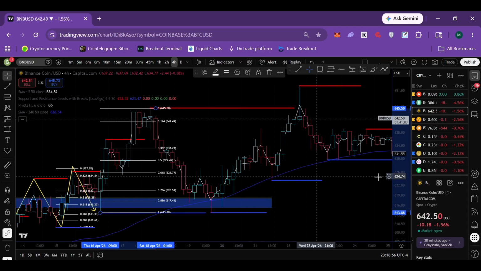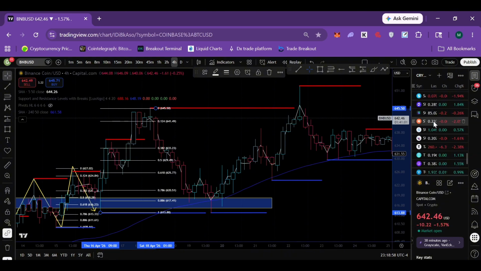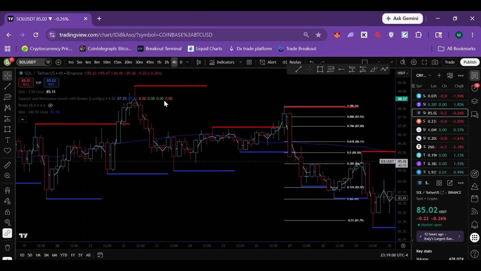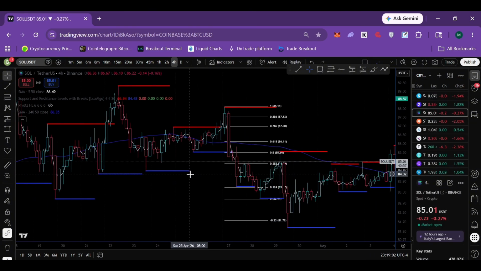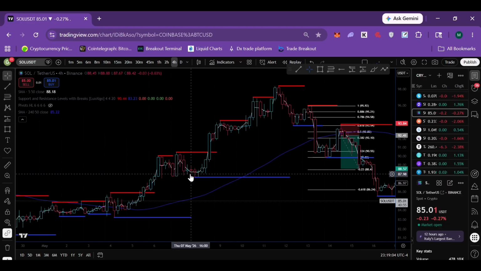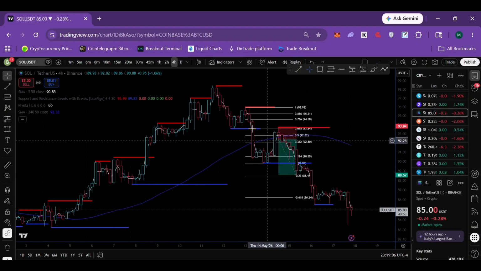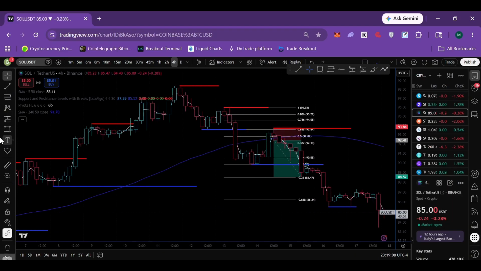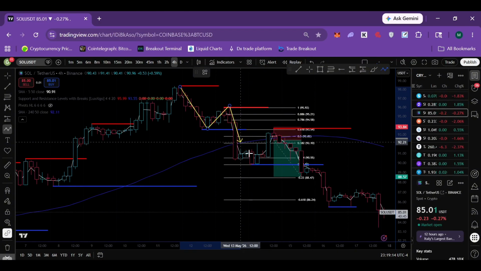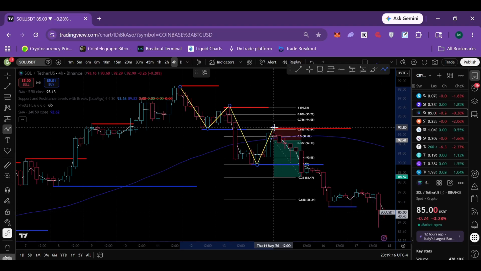Another example. Let's go to Solana. So we see here, sell example. 1, 2, 3. And it pulls back, right?